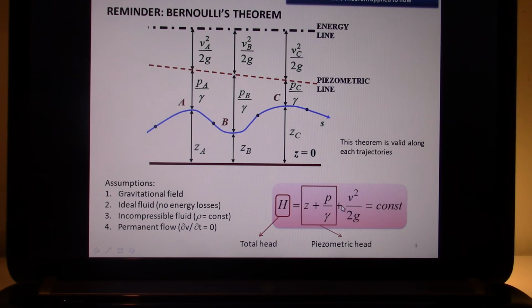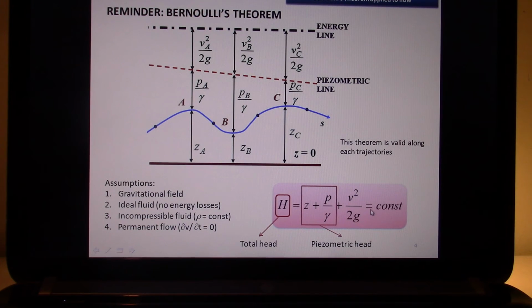Then you have this term right here, which is v to the power of 2 over 2g, the kinetic height, and it's given by the ratio between the kinetic power of the fluid, which is related to the velocity of the fluid, over the weight of the fluid, and from this ratio you obtain v squared over 2g, where g is the gravity acceleration.